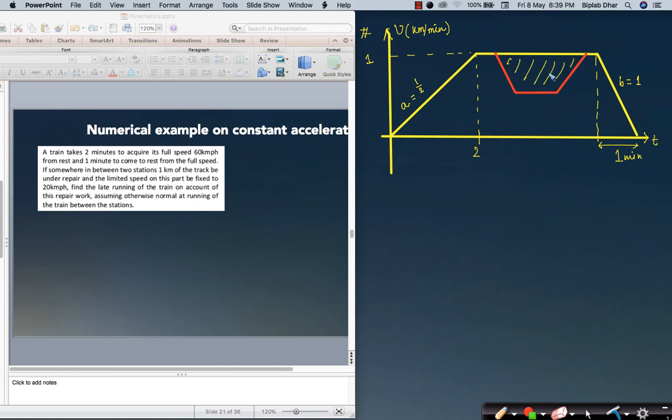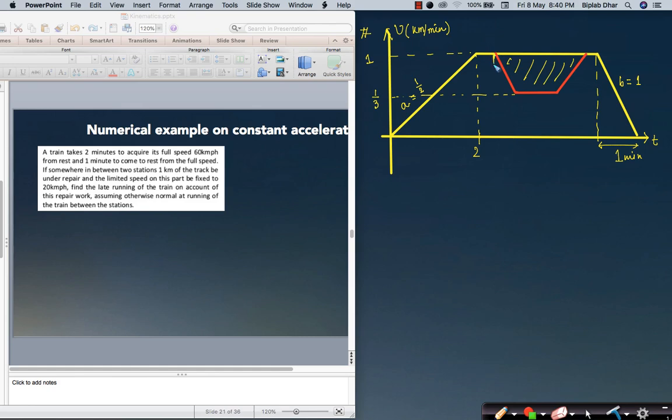So if I find what this much distance left out is, then I can find the delay of the running of the train. I hope you can understand what I am trying to say. So this line is 1 by 3 kilometer per minute, and we can now calculate this part easily.